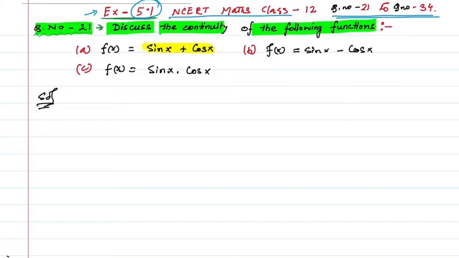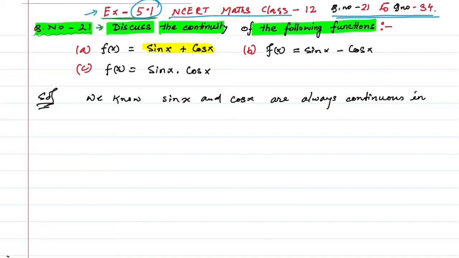So we know sin x and cos x are always continuous at each point of their domain.